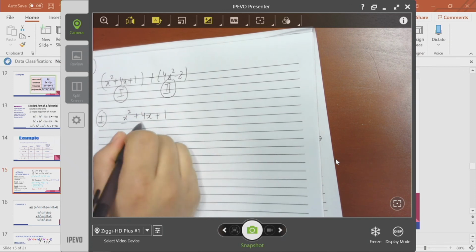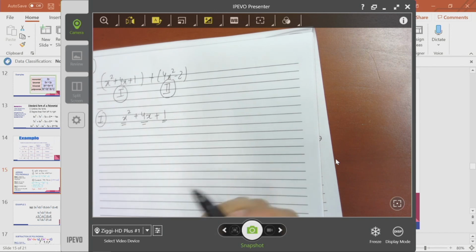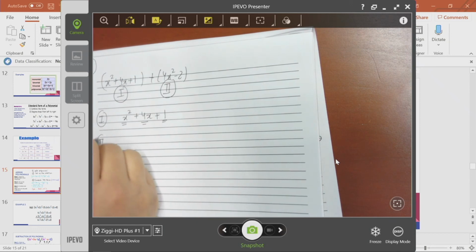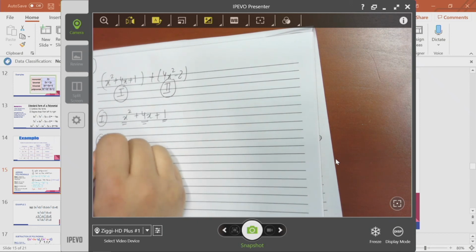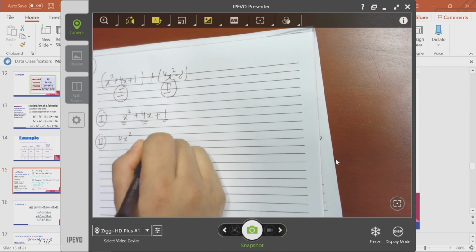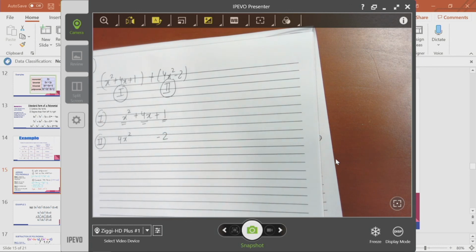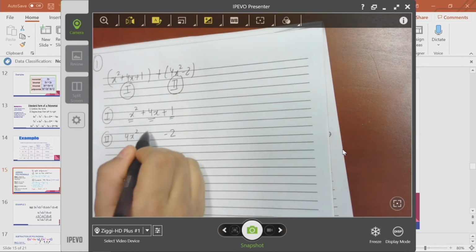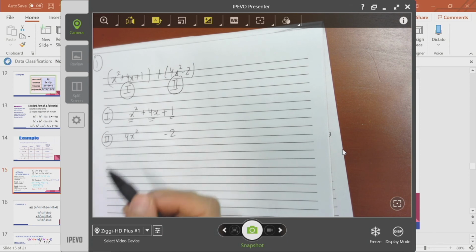It has 3 terms. So it's a trinomial, that means it's a polynomial. And the second one has 4x squared minus 2.